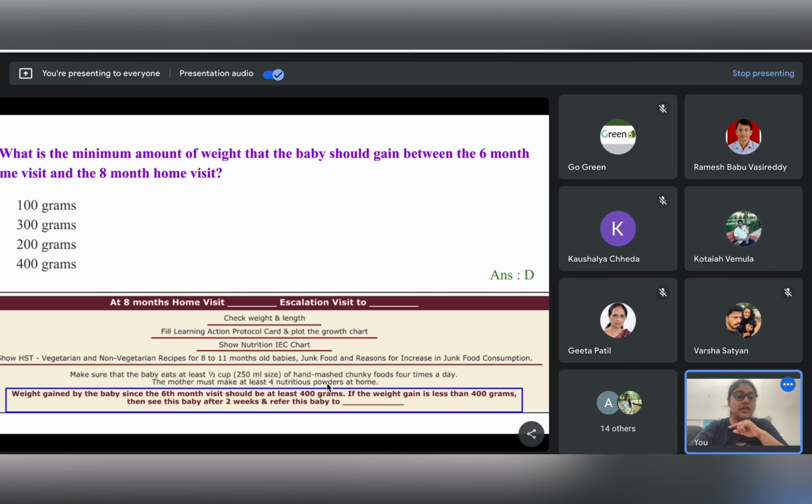And what you're talking about plotting is the specific weight at that moment. If we plot the weight at that age, and then plot again later, the difference can be figured out from the plot too. So yes, the answer is 400 grams.